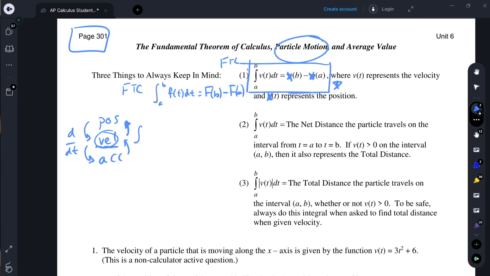Now, I like what's called my alternate method of FTC. And this works really well for a lot of problems. What we do here is we just add f of a to both sides.